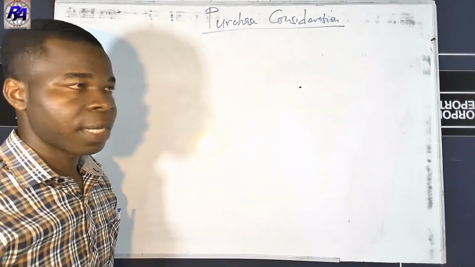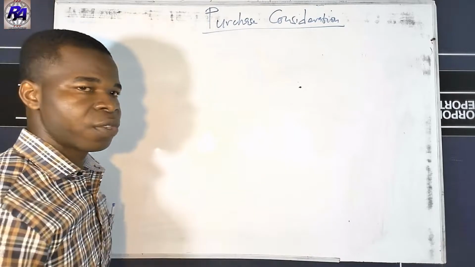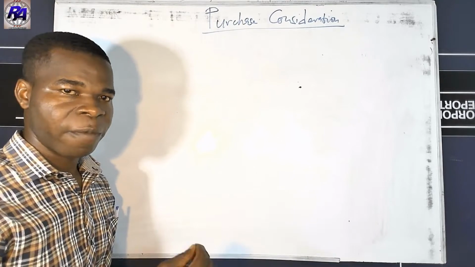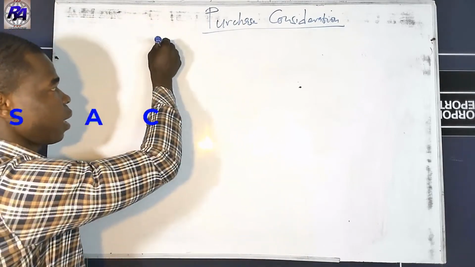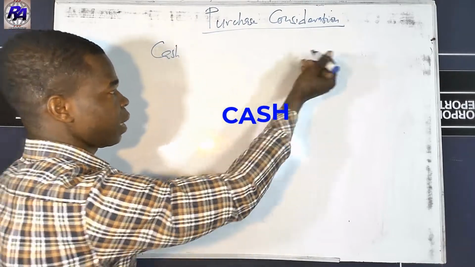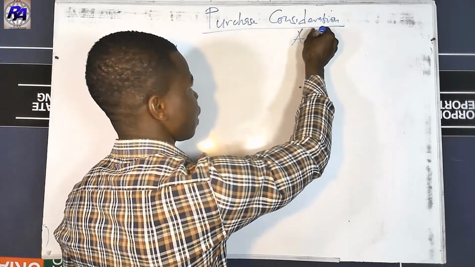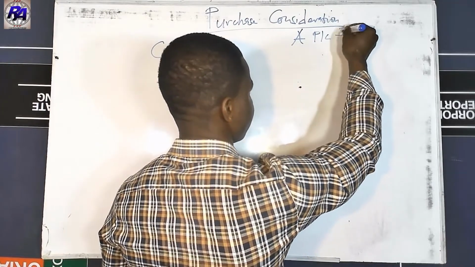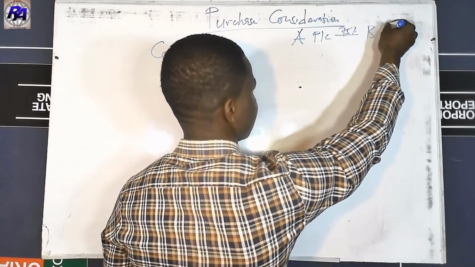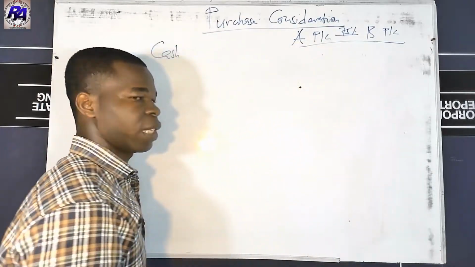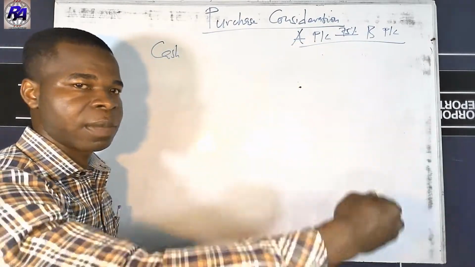As mentioned earlier, for the purchase consideration we are going to start with one of the forms, which is cash. So let's probably use this example. A PLC is acquiring, maybe, 75% of the equity shares in B PLC, and then the consideration that is being transferred from the parent to the subsidiary is cash.